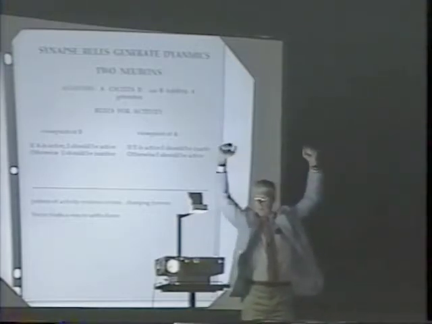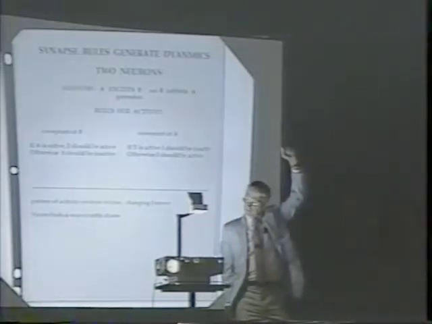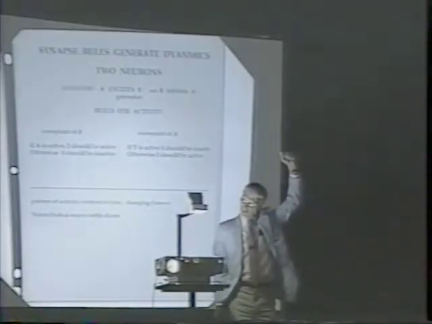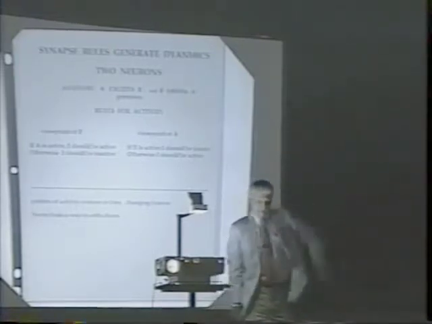Supposing I start like this, A and B are both active. A looks over and says, B is active, therefore I should be inactive. So A turns off. B looks over and says, A is inactive, so I should become inactive.